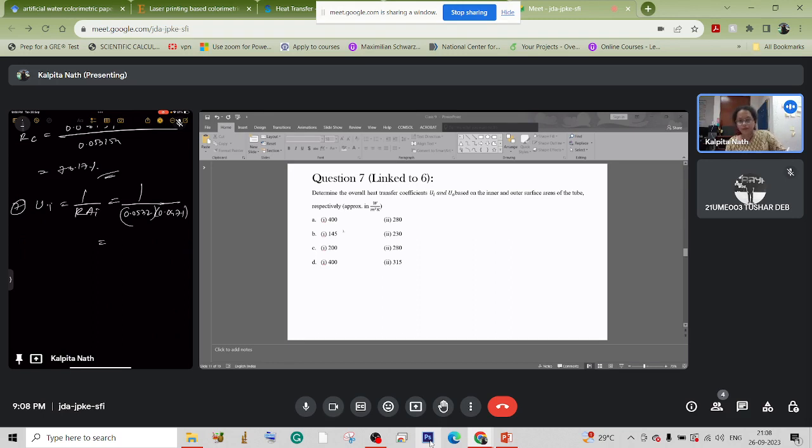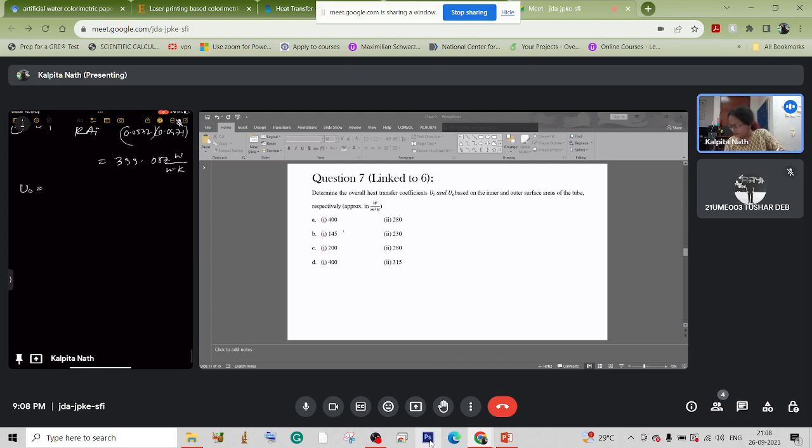So this will come out to be 399.087 watt per meter square Kelvin, and U_o is equal to 1 upon R A_o. So this is 0.0532 and this is 0.0597. This will come out to be 314.857 watt per meter square Kelvin.